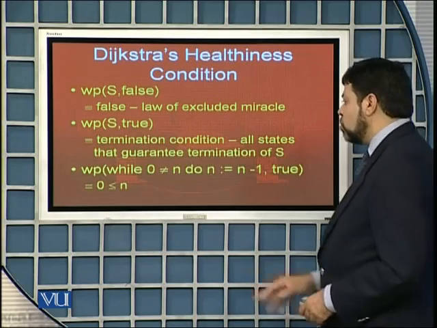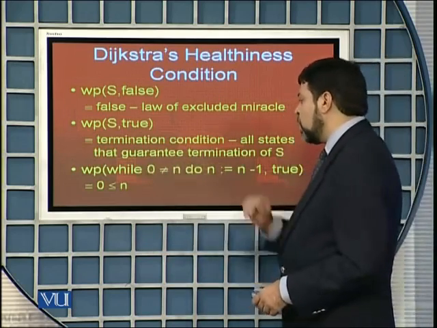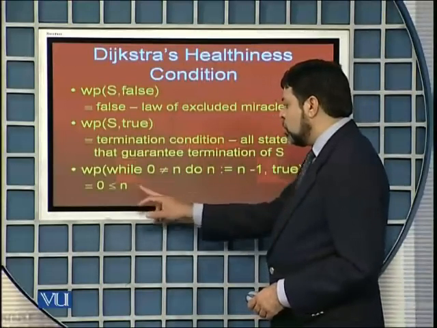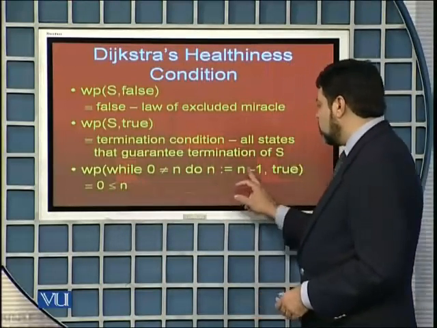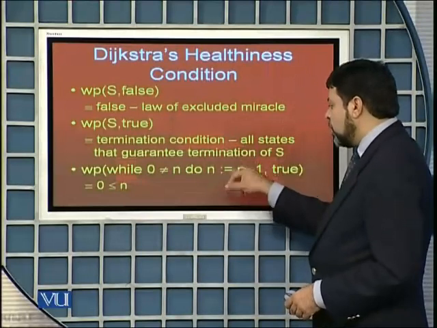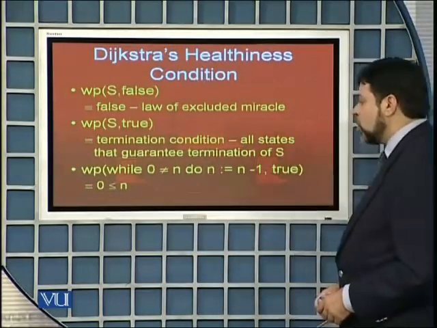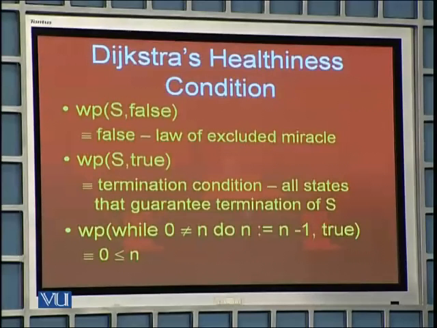If n was equal to 0، ہم اس سے ڈائریکٹلی باہر نکل آئیں گے۔ If n is not equal to 0 اور n is greater than 0، پھر اس کو ہم ڈیکریمنٹ کرتے جائیں گے۔ ہر اٹریشن میں ایک ڈیکریمنٹ ہوگا اور الٹیمیٹلی اس کی ویلیو 0 کے برابر پہنچ جائے گی. And in that particular case, we will come out of this loop.